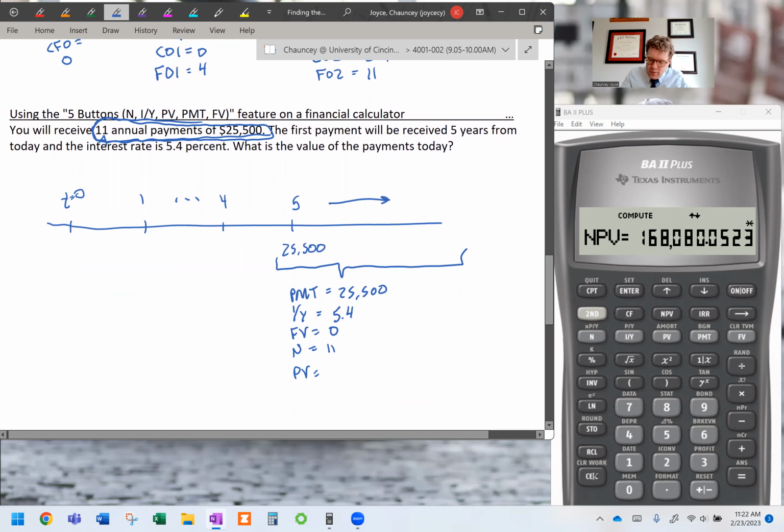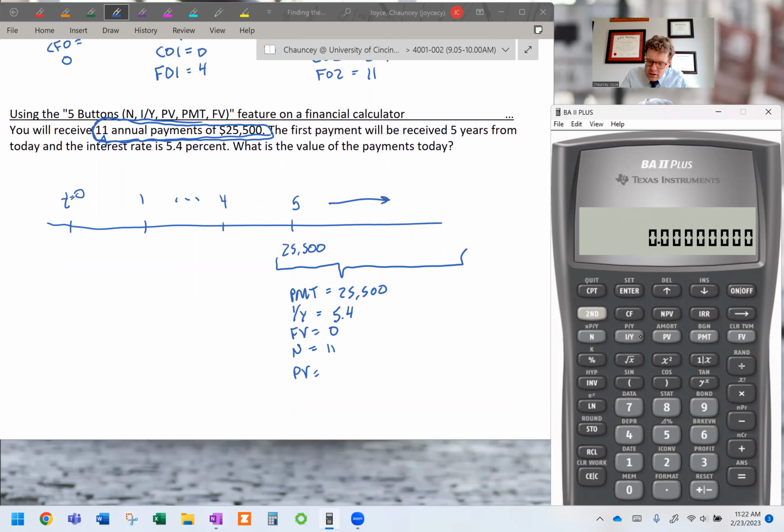And you compute for your PV. So again, here's my row here. It's the third row from the top on the financial calculator, 25,500. That is your payment with 0 future value. 5.4 is your IY. N is 11. So you're pressing 11, then N, and then you're going to compute for the one that's missing. So up here on the top, CPT, compute, PV.